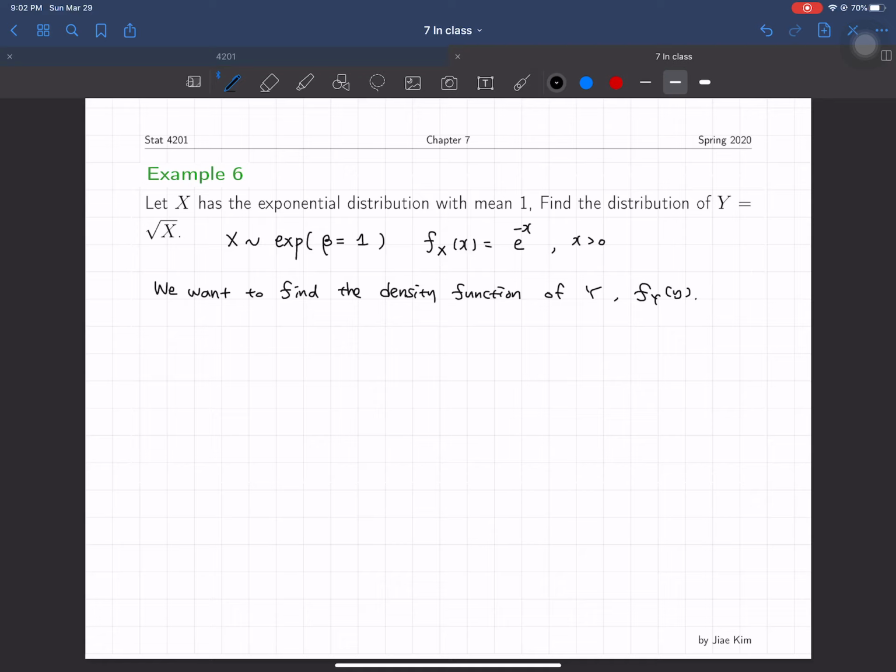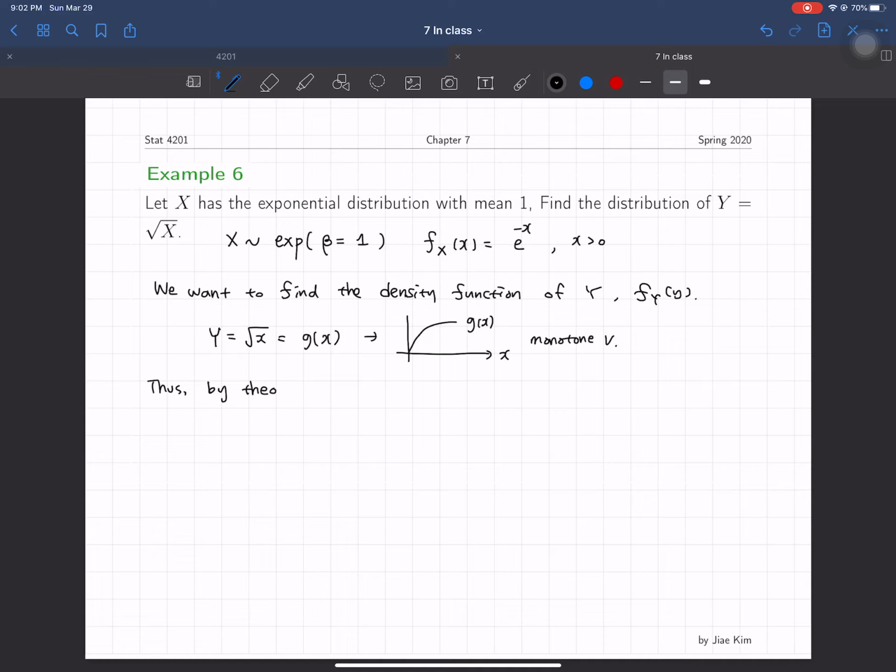Before we apply the transformation technique, we need to check the condition of whether g of x, the square root of x, is monotone over the support of X. Is the square root monotone? Yes. g of x is defined on the positive side of x, and it is monotone. So it's checked.